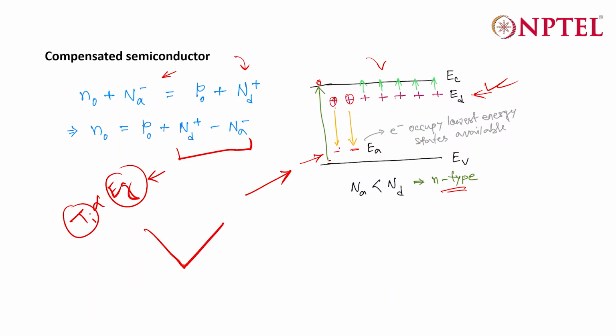This is how it looks: it's T versus N0 for N-type. What will be your requirement? If you really want to operate your device at high temperature, you want this particular point, which is the intrinsic temperature, to be on the right side, even at high temperature, so that your device remains in the extrinsic range.